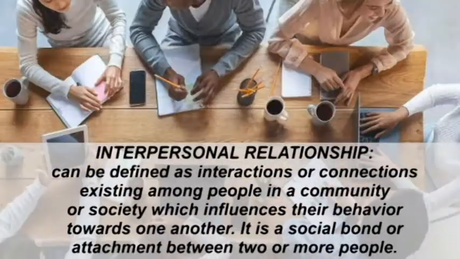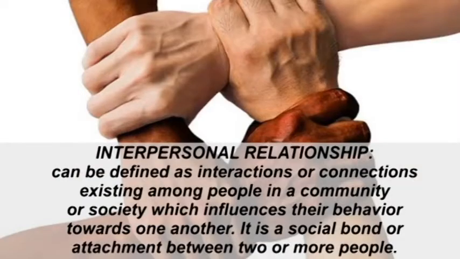society. Interpersonal relationship can be defined as interaction or connections existing among people in a community or society, which influences their behavior towards one another. It is a social bond or attachment between two or more people.